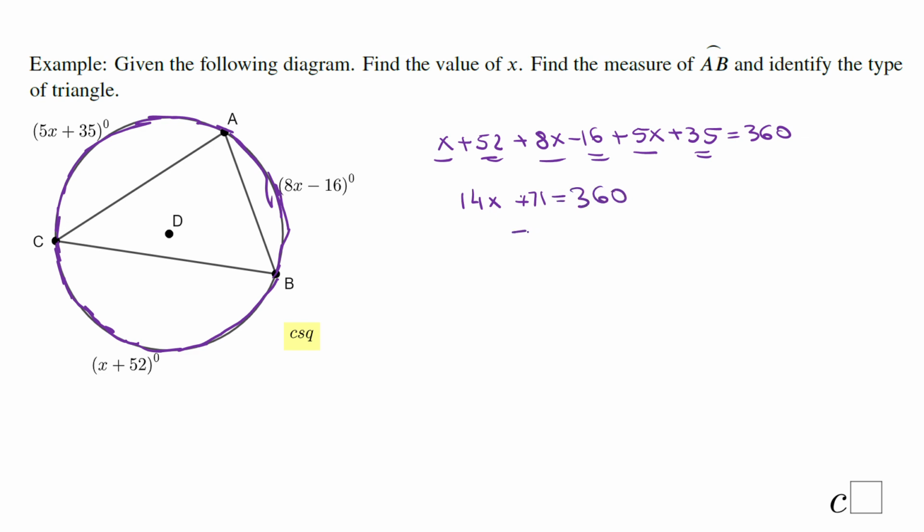I'm going to subtract 71 on both sides. And we have 14x equal 289. And the last step, divide by 14. Not so sure if we get a nice answer, maybe not. I don't think so. Yeah, we get something that is not really a fun answer. I will leave it like that, 289 over 14.